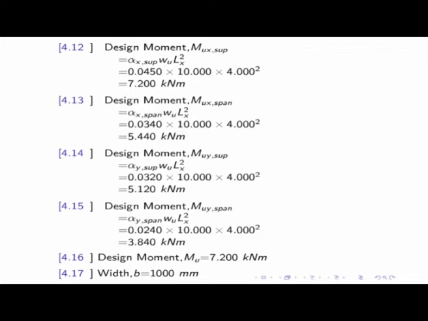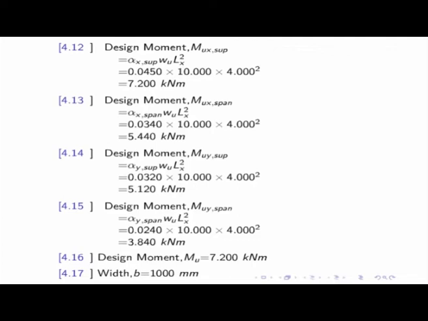So first I am getting Ly by Lx, and then which particular panel, on the basis of that I can find out alpha x support and span, alpha y support and span, and immediately I can find out the design moment.